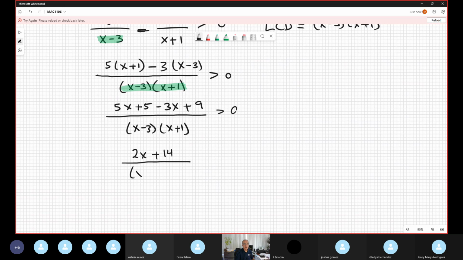Over x minus 3 times x plus 1, greater than 0. Well, in this case, I don't enclose the box because I prefer factorization. I see that 2 and 14 have a common factor, 2. You factor out 2 to get x plus 7, right?